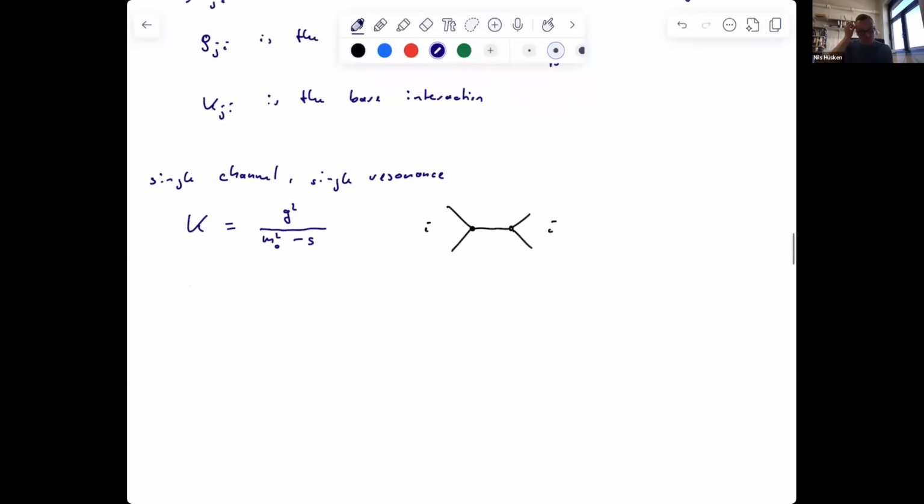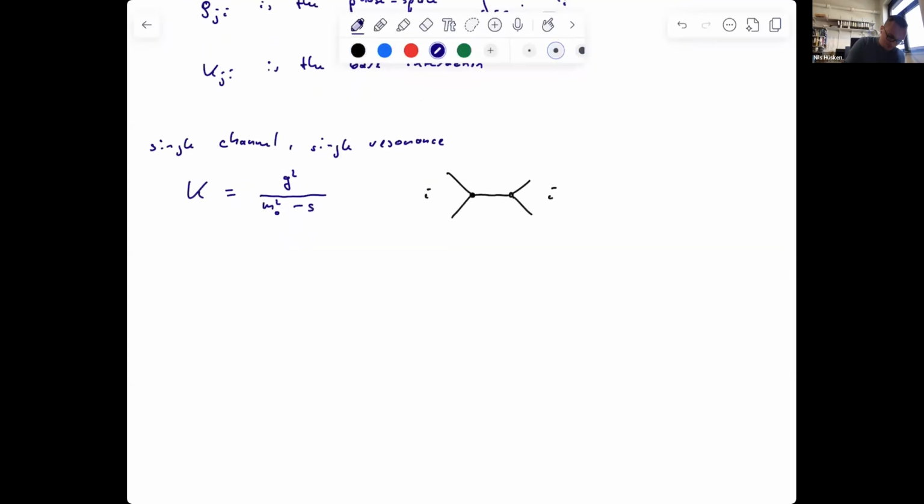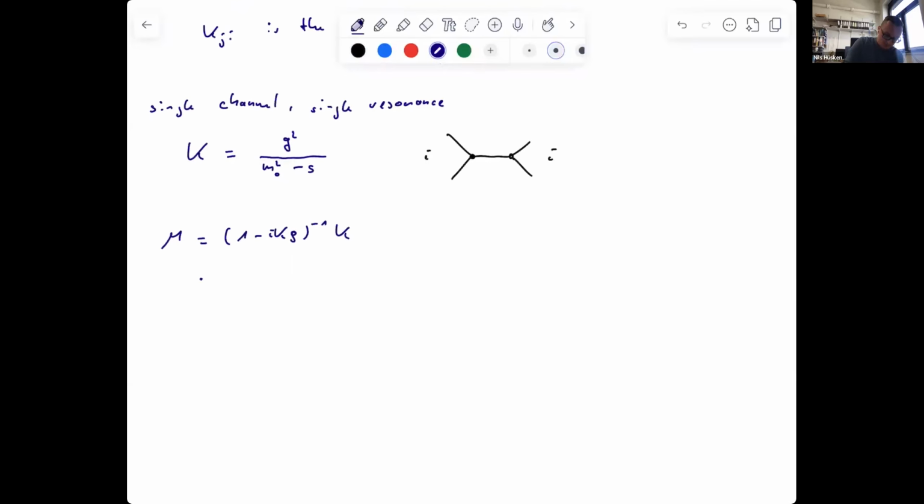And so now what we do is we take this K matrix, which is just a number, not a matrix. We plug that into our equation for the invariant matrix element, which was this one minus iK rho inverse times K. We plug everything in. This will give us an i G squared times rho divided by M squared minus S to the power of -1.